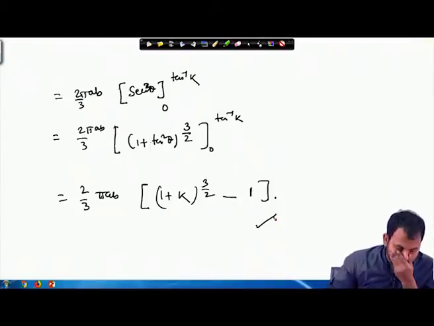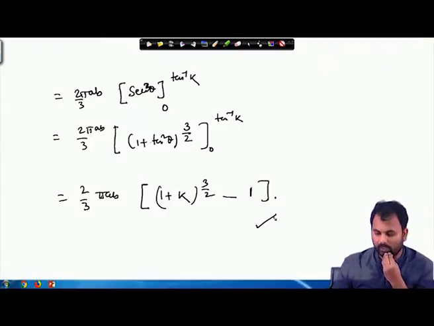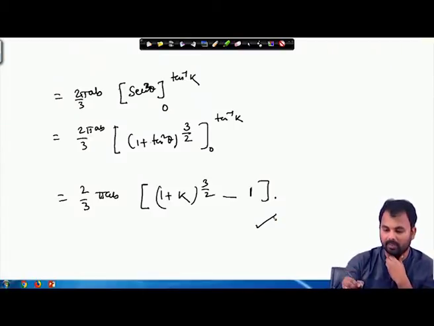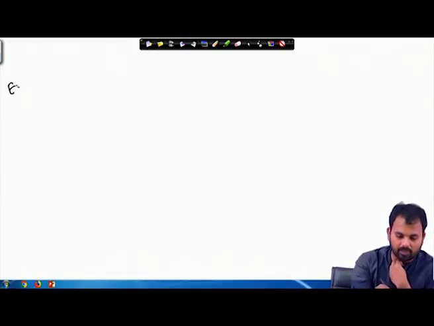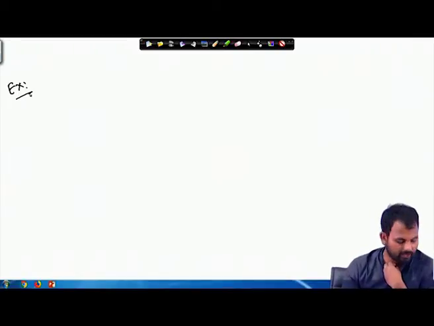Now we can work out one last example, because this is indeed an interesting topic. So let's work out our very last example on the surface integral section.